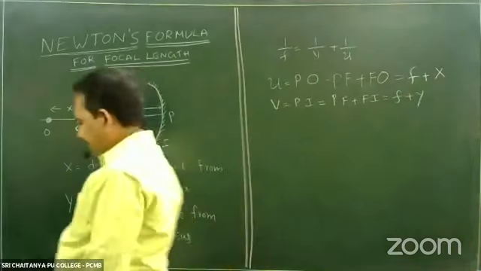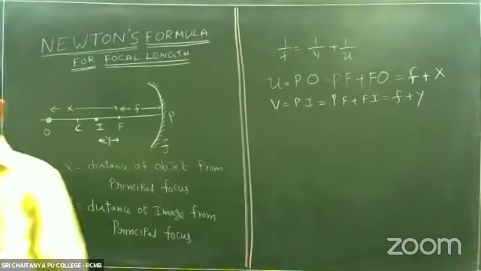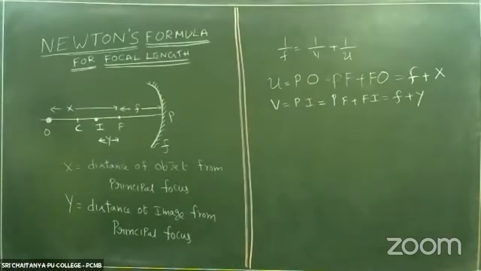I have written the unknowns in terms of known quantities. So u is equal to f plus x, and v is equal to f plus y. Substitute in the mirror formula, and we will get the f value in terms of x and y.